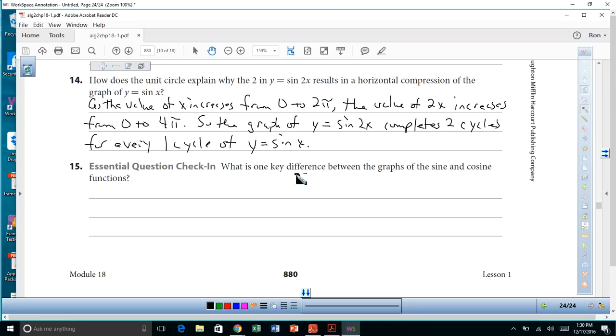Essential question check-in. What is one key difference between the graphs of the sine and cosine function?